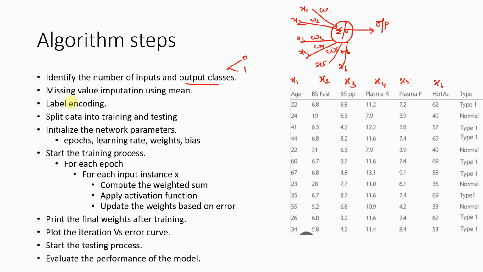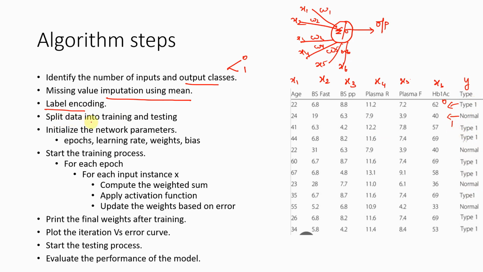If there is any null value, it gets imputed by the mean. The next step is label encoding. Our output target is categorical data, so it needs to be converted into numerical data by the process of label encoding. So type 1 will be labeled 0, and normal will be labeled 1.